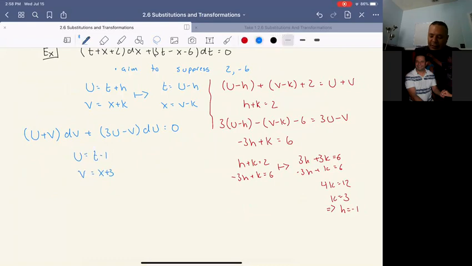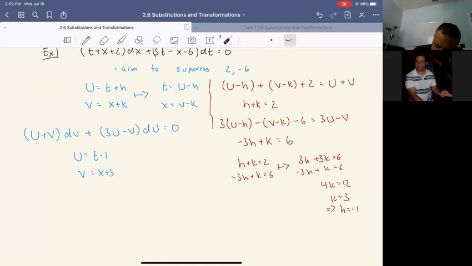Now, how do we solve this equation? Well, we can put it in terms of du over dv or dv over du. It really does not matter which one we let be the dependent and independent variable at this point. So let's say u is the independent variable.